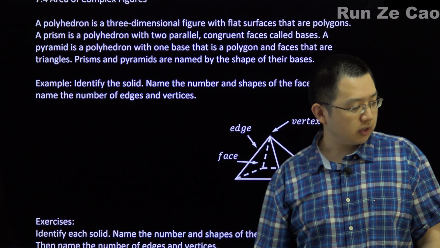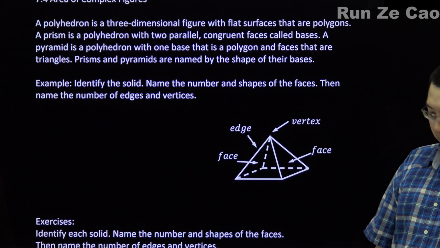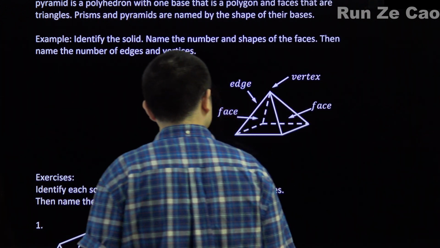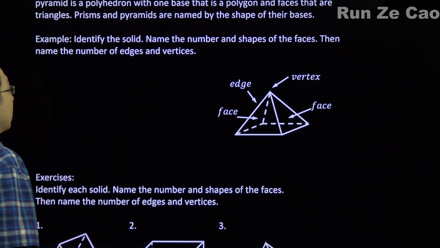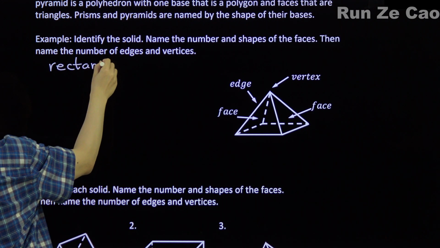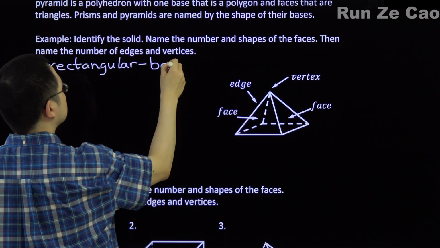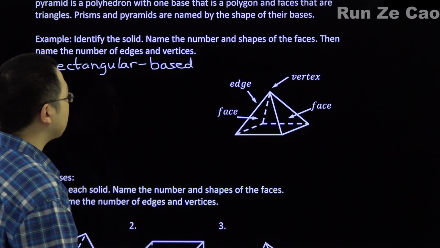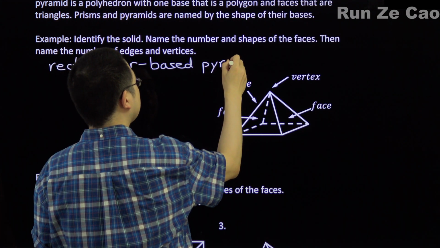Okay, so prisms and pyramids are named by the shapes of their bases. For example, let's identify this solid. Name the number and shapes of the faces. It could be a square-based pyramid, but to be safe, it's a rectangular-based pyramid, or depending on grammar where you live, it could be just rectangle-based or rectangular pyramid.